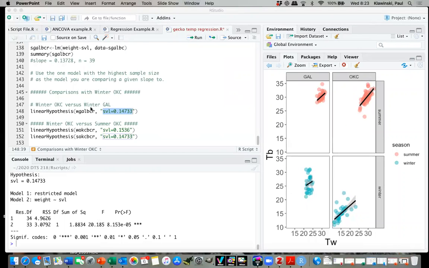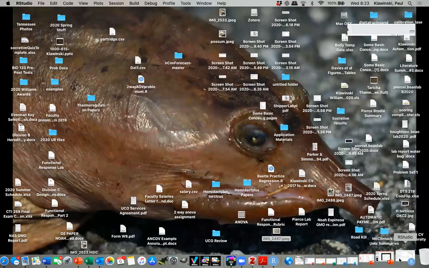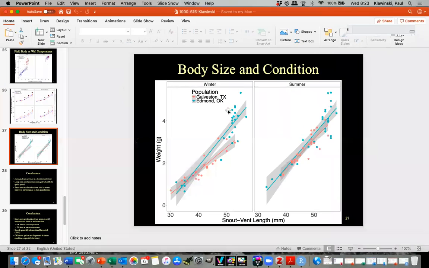And once again, when we go and test to see if those slopes are different, we find in both ways of doing the test that they are not different from one another. And so, once again, the results of your statistical test should conform to what you observe, in this case, in graphs of the data.